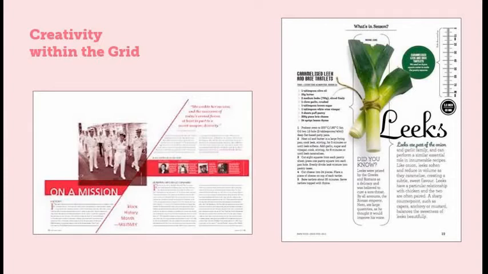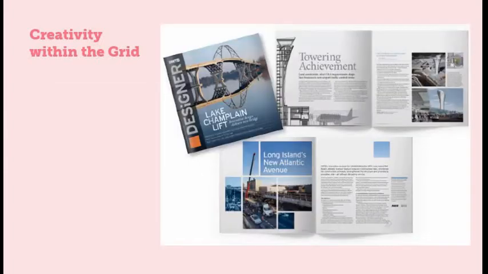Okay, and then this is an example of a couple pages of a brochure. I think this is a really nice example of using a grid, but having variety of layout within the same grid through a document. There's still definitely continuity from spread to spread, but there's also really nice variation.